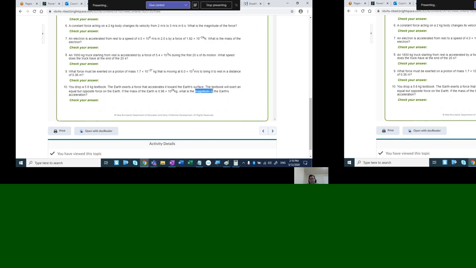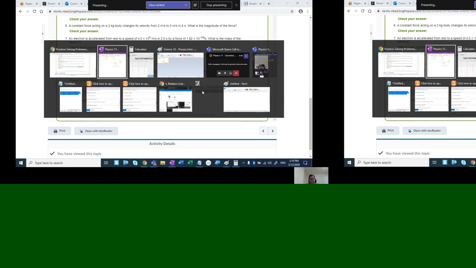And we want to know by how much. How much are we accelerating the Earth by? So the book and the Earth are like stuck on each other with something holding them.